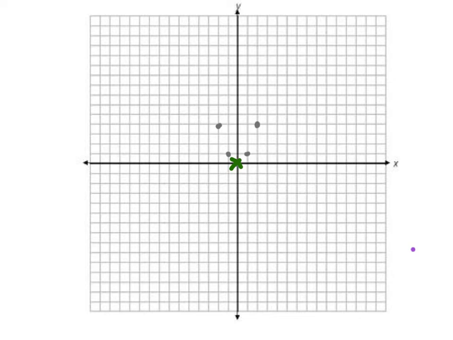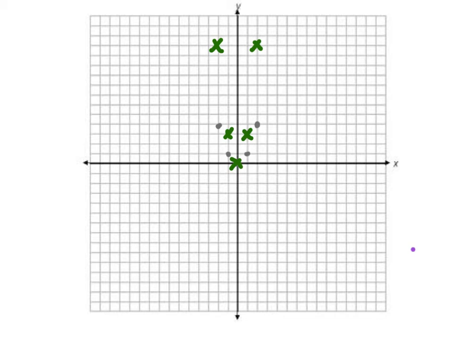The points that were at 1 on the y-axis will be stretched to 3 on the y-axis, and the points that were at 4 on the y-axis will be stretched to 12 on the y-axis. And again, when I do this, it does not change the x value because it's a vertical stretch.